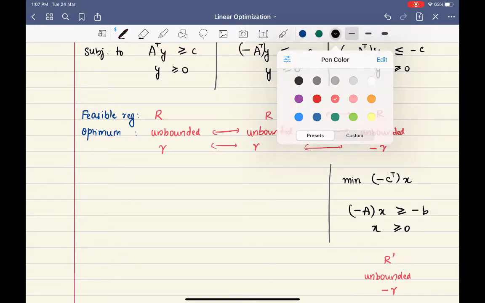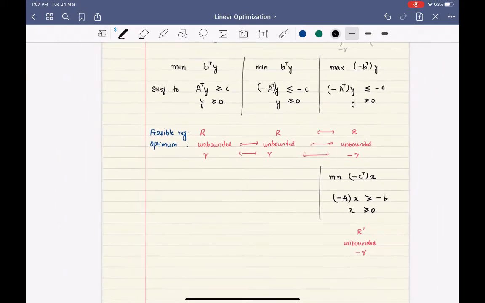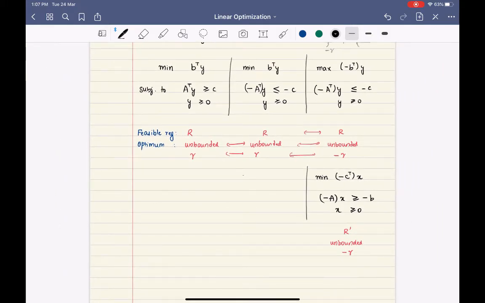Let's do some more transformations to this. I rewrite this thing as it is, min of minus C transpose x, but the constraints become Ax less than or equal to B, x bigger than or equal to 0. Again here the feasible region does not change and the optimum also does not change.